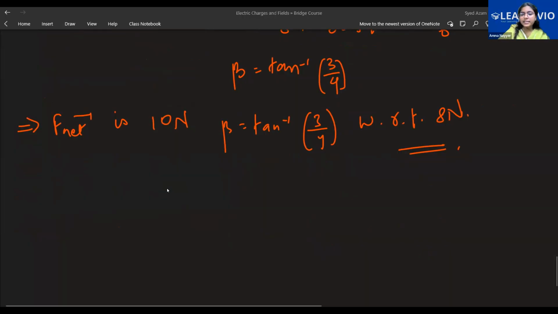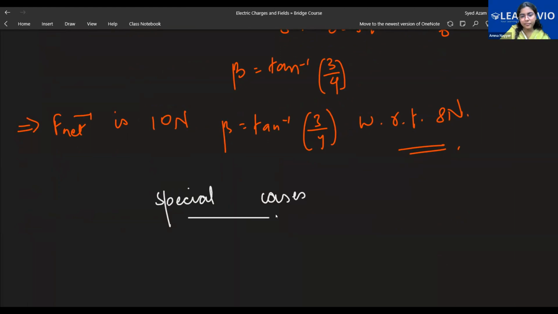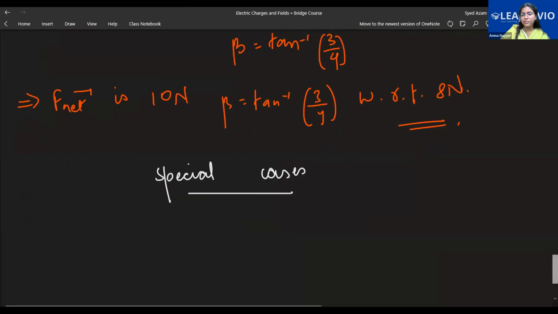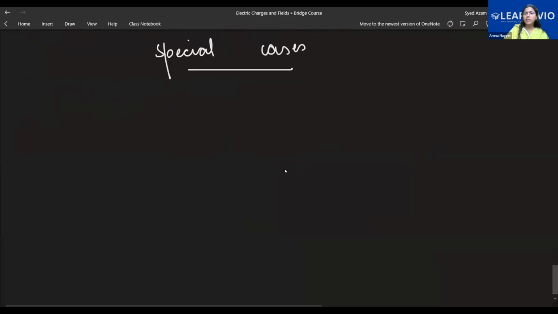See, there are special cases which you should remember. These will just help ease your calculation. See, first case is if theta is 90 degree, the one which we have just seen.